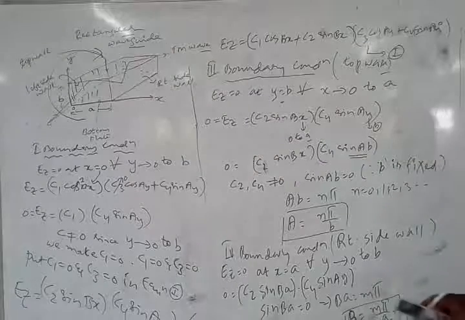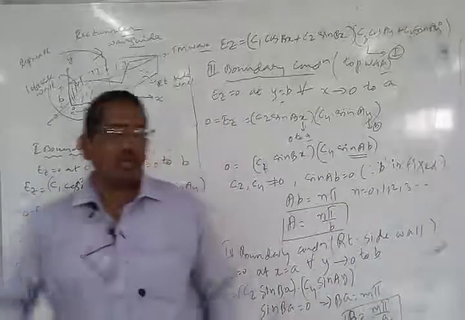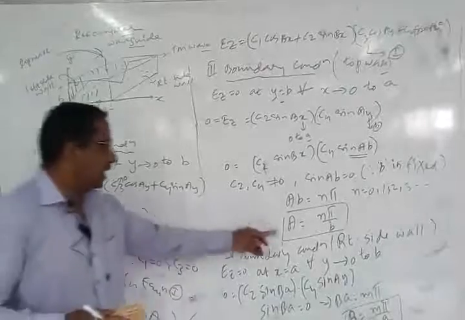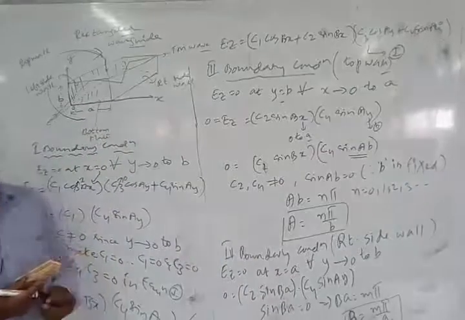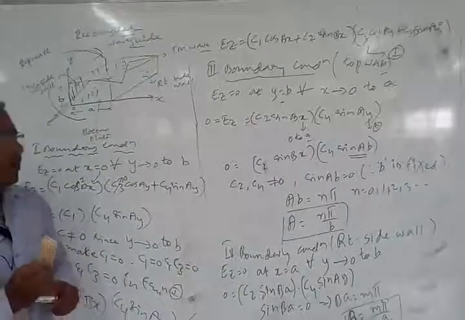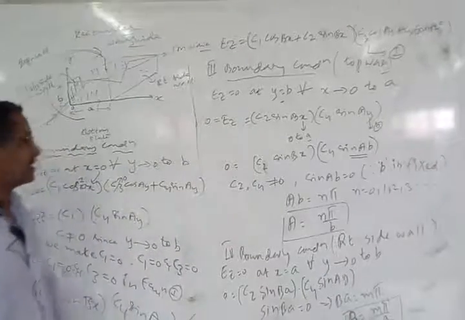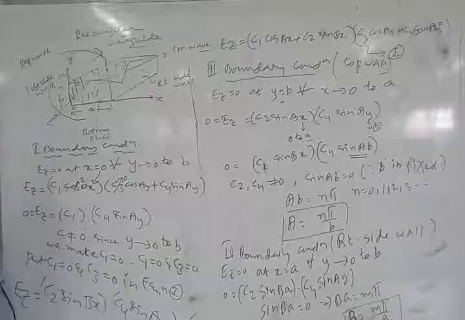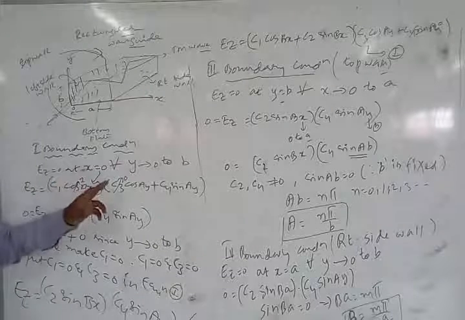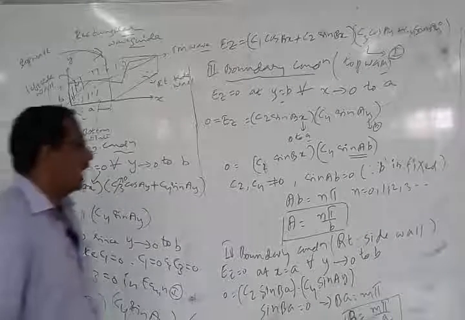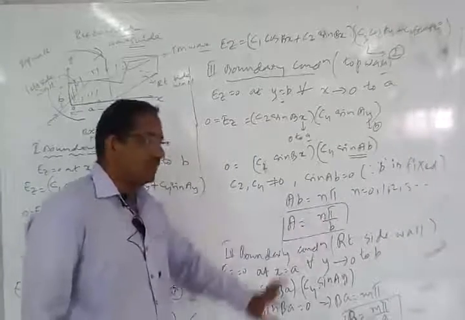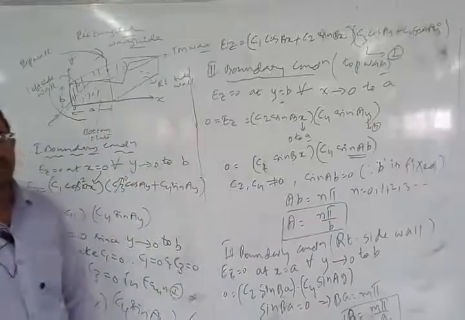So here I have got the values for constants capital A and capital B in the above equations. What are the conclusions from these boundary conditions? C3 is equal to 0, C1 is equal to 0, and capital A is equal to n pi by b, capital B is equal to m pi by a.